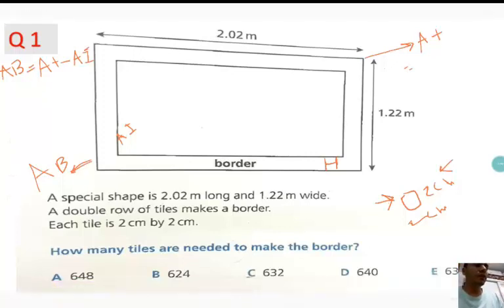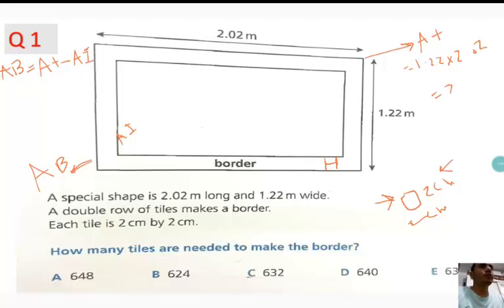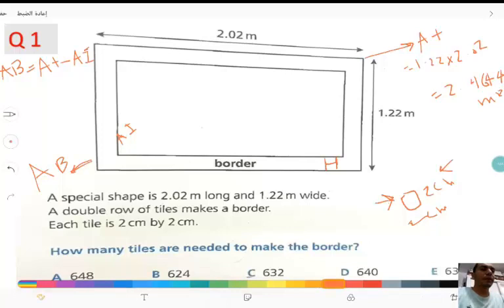A total equals 1.22 times 2.02, which is 2.4644 meter square. Okay, and then A inside.